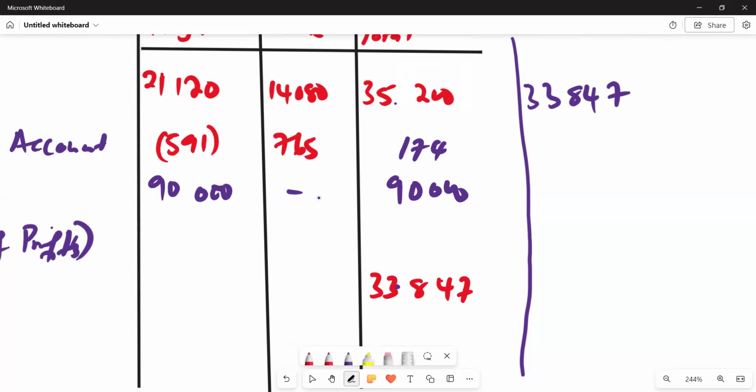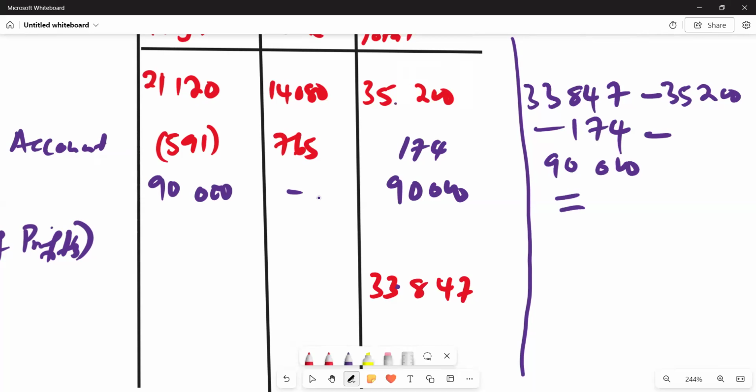So we're saying 33,847 minus 35,200 minus 174 minus 90,000. And then you get your net figure that's supposed to be shared as profit, which is 91,527. So it's going to come here, 91,527. This is the figure that we're going to share between the two partners.